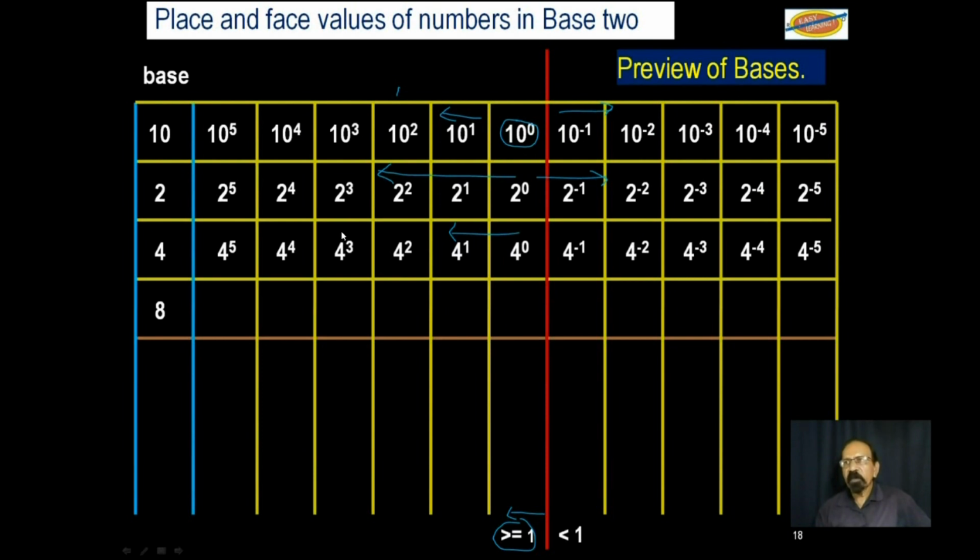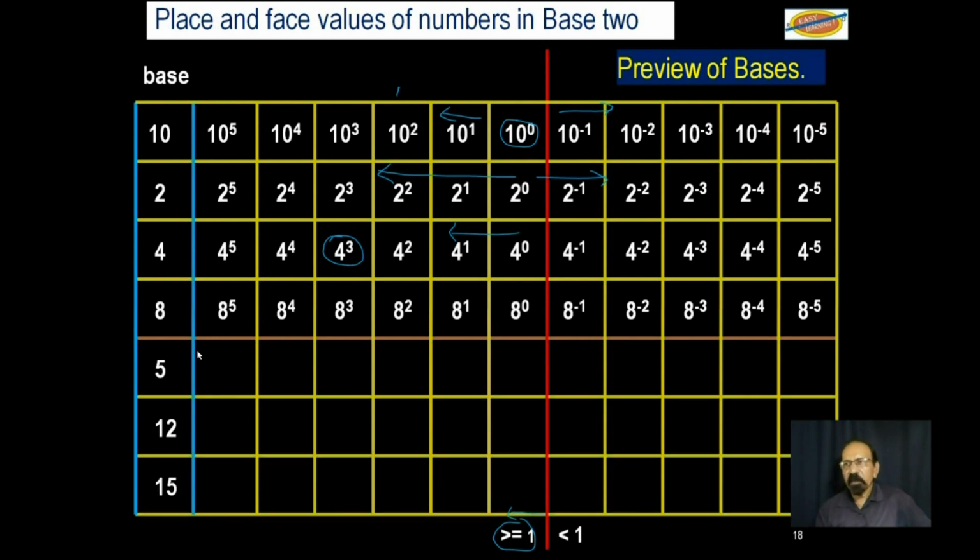So if you have a digit in this point in base 4, it would be 4 to the 3rd power. And so on. Base 5, same thing. Follow the same pattern. 5 to the 0, 5 to the 1st, 5 to the 2nd, 5 to the 3rd, and so on. And if you come to the right of that, 5 to the -1, -2, -3.